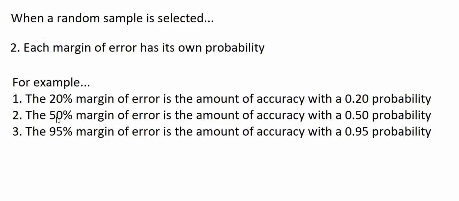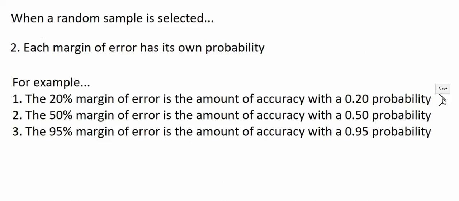The 50% margin of error is the amount of accuracy with a 0.50 probability. In my target, it was the second circle. And the 95% margin of error is the amount of accuracy that has a 0.95 probability of being reached. In my target that I showed earlier, I don't think I had 0.95 listed, but I could have included a ring for 0.95 if I wanted to. It would be almost at the outside of the circle.